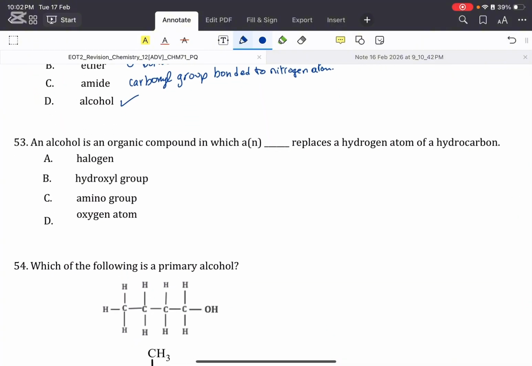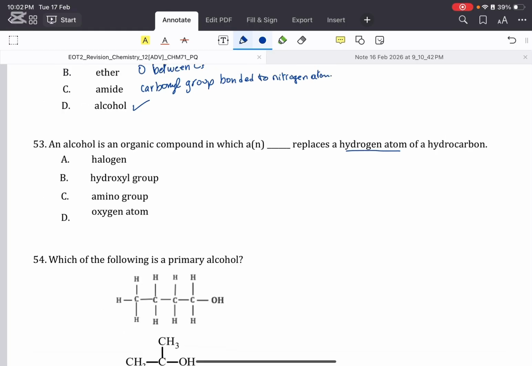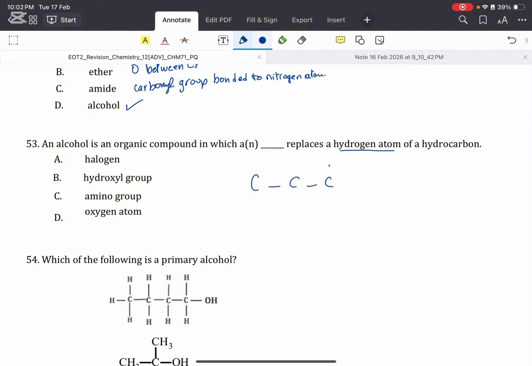An alcohol is an organic compound in which something replaces a hydrogen atom in a hydrocarbon. I'm going to show you a hydrocarbon with hydrogens bonded to the carbon. So here's a hydrogen, here's an alkane. How does this alkane become an alcohol?